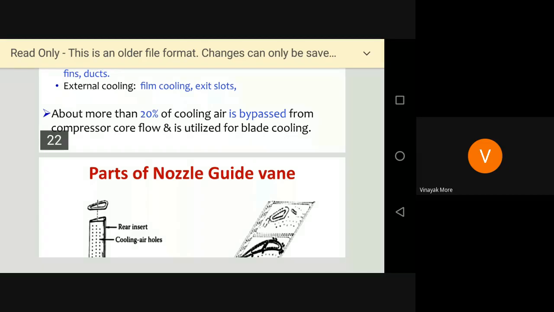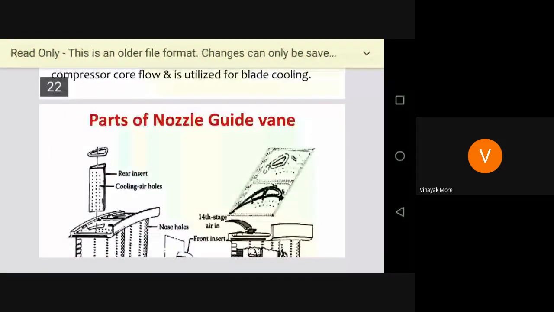So like this, it is divided into three parts. That division of the compressor air is called bypassing the air. So around 20 to 40% of air is diverted only for cooling purposes or for the air conditioning of the aircraft vehicle. So this is called a bypass ratio. Or that air moving from the compressor is also called bleed air.